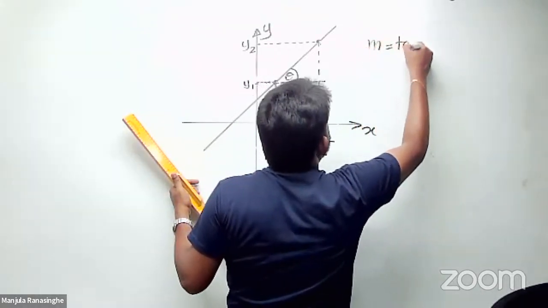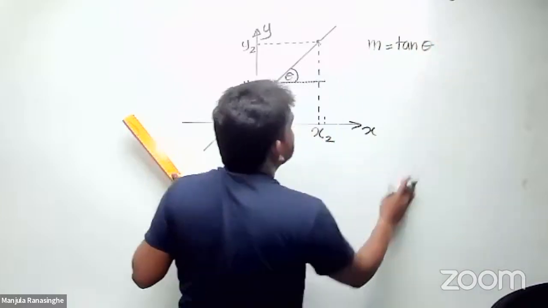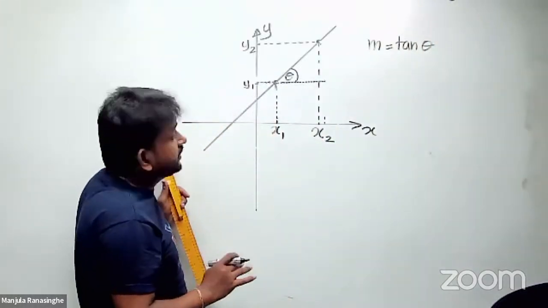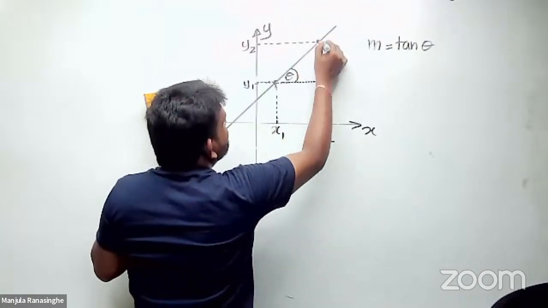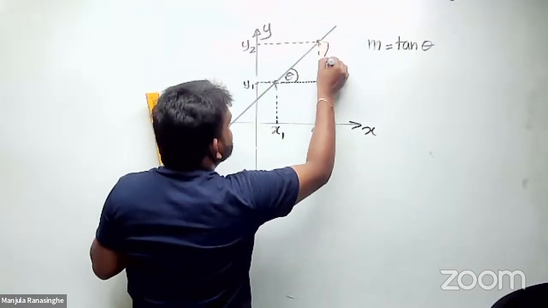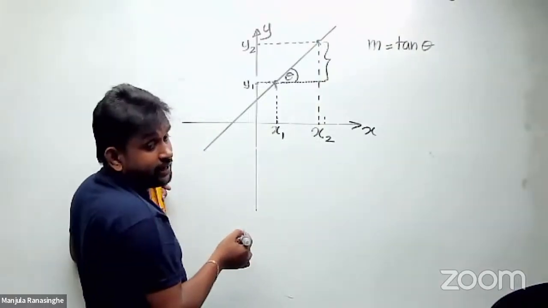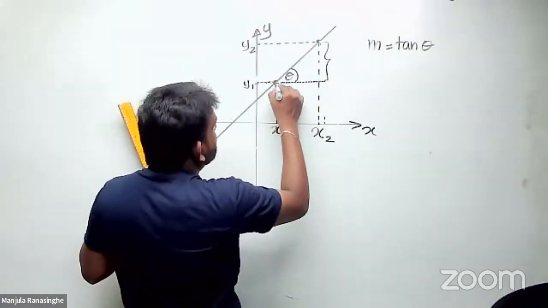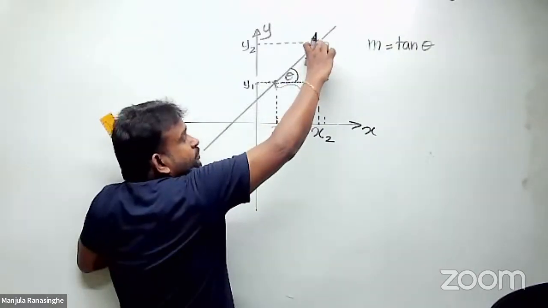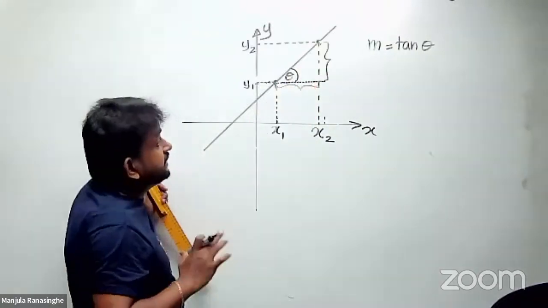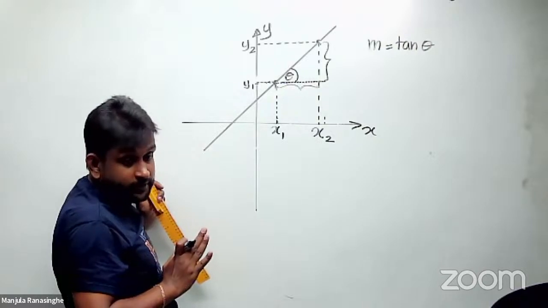I told you the gradient equals tan theta. Don't worry about that, you do not know tan theta yet. m equals tan theta. Tan theta takes the opposite side of this triangle, the vertical height, divided by the horizontal length. This height is to be divided by this length, then the gradient is given.